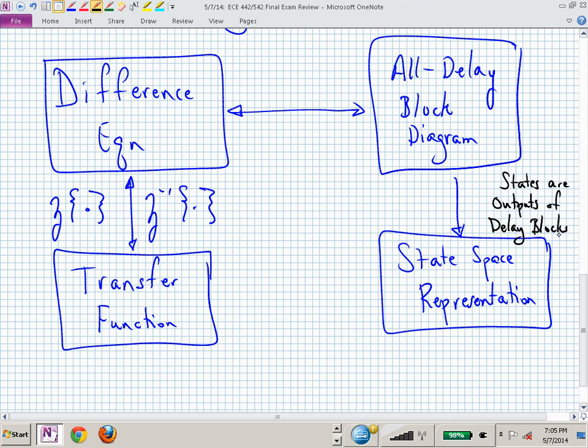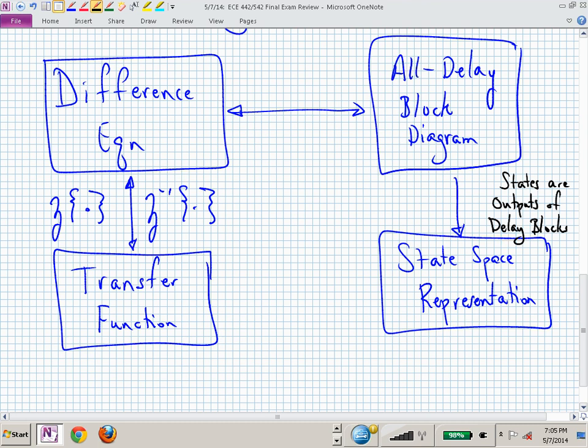You need your states to be the outputs of your delay blocks. And is the state space representation unique? No. We might have 50 different state space representations for the same system.